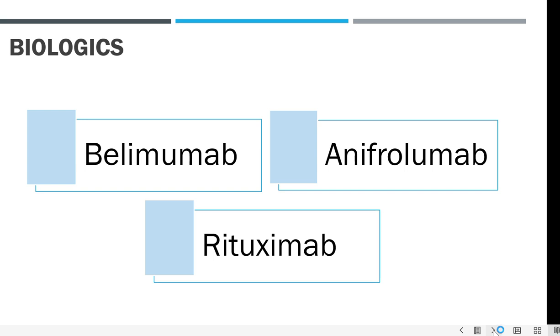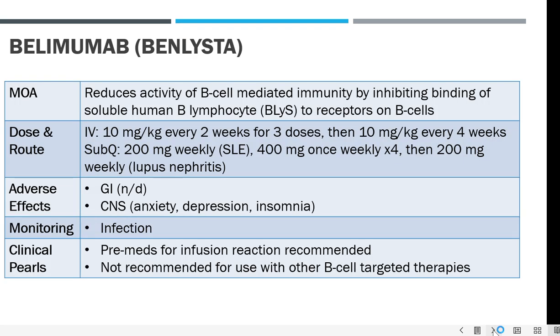Thinking about belimumab, or Benlysta, it helps reduce the activity of our B-cell mediated immunity by inhibiting the binding of soluble human B lymphocyte stimulator, or BLyS, to receptors on our B cells. I've provided the dosing here.